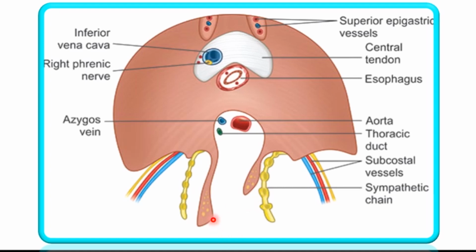And the openings here are the openings for passage of the lesser and greater splanchnic nerves. Here is the medial arcuate ligament, both for the right and for the left. And we are noting that the sympathetic chain will be passing through this space. And here we're seeing the right and then the left sympathetic chains.